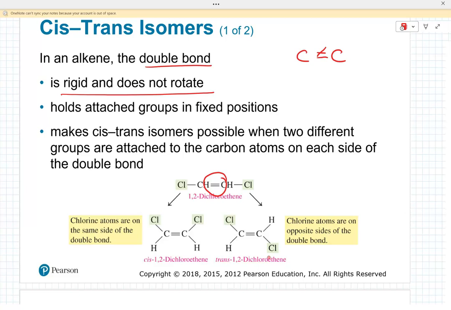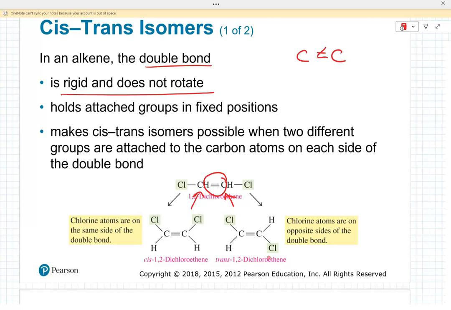It means that the groups attached to these two carbons will be holding their positions, and once you attach those groups, they're not going to change their orientation relative to each other.